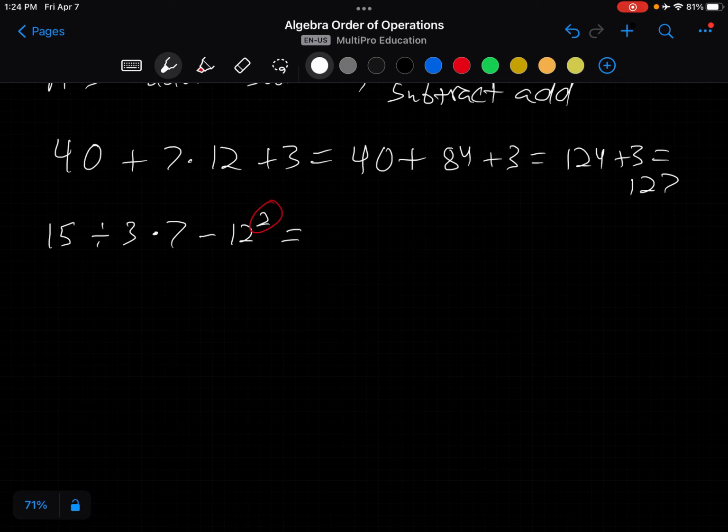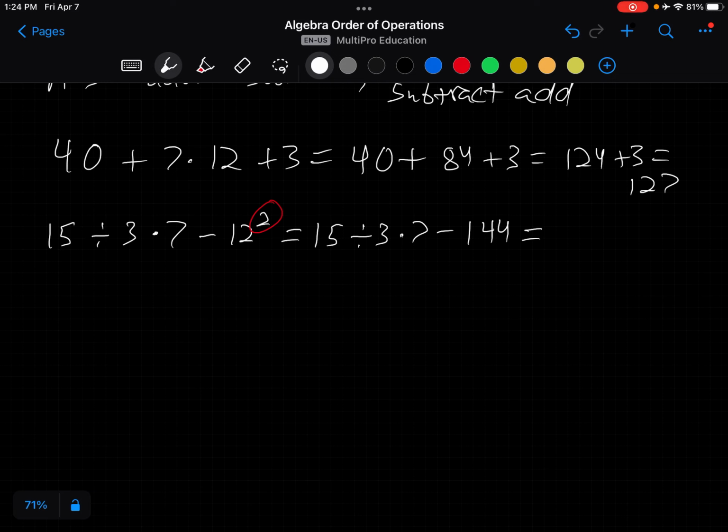This 2 is an exponent. So let's do that first. We write out the rest of the equation: 15 divided by 3 times 7 minus, okay, let's solve this. What's 12 times 12? 144. All right, now let's continue solving.